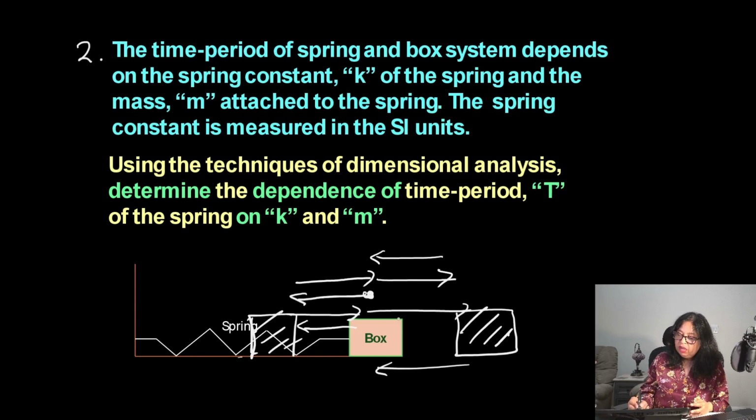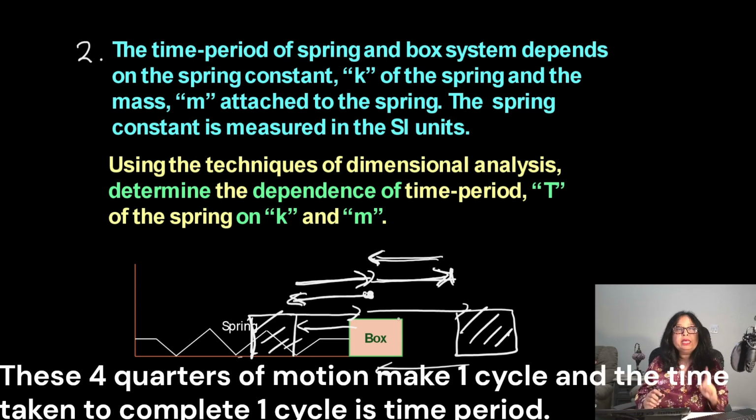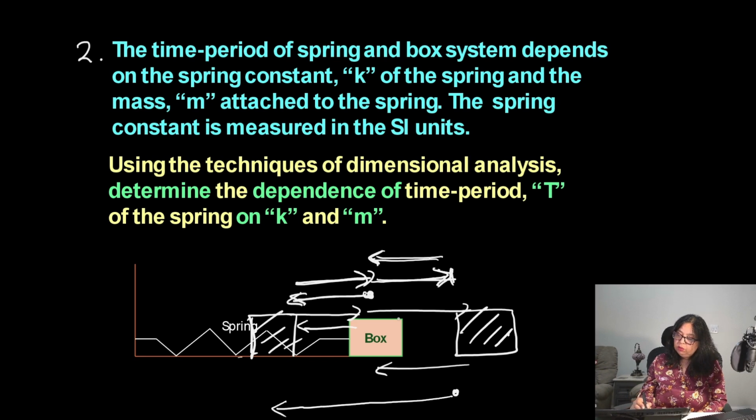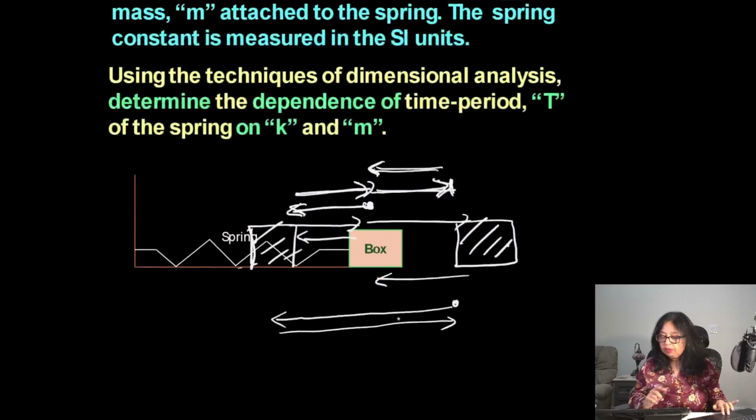So it starts here, goes over to the left, comes back to the right, goes all the way to the right, extreme position, and comes back to the equilibrium. That is one cycle. But that is not the only representation of one cycle. I could have said that it starts over here at the stretched position, goes over to the other extreme, comes back. That is also one time period, one cycle.